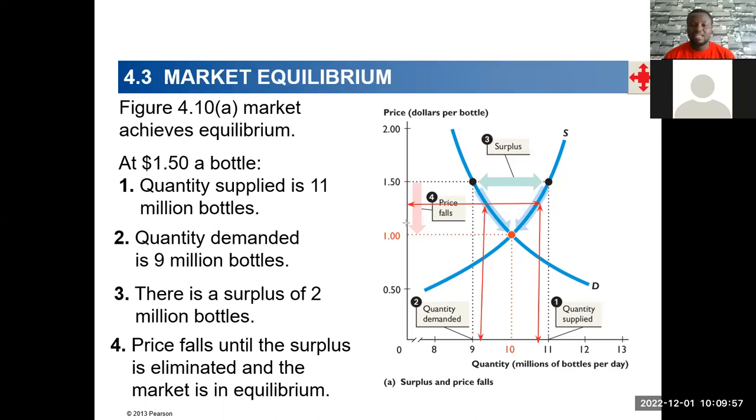If price falls to 1.1, we will still have a surplus. Supply will still be more than demand. So the price will keep on falling until we get to 1. And at 1, quantity demanded is exactly the same as quantity supplied. So there will be no tendency for change.